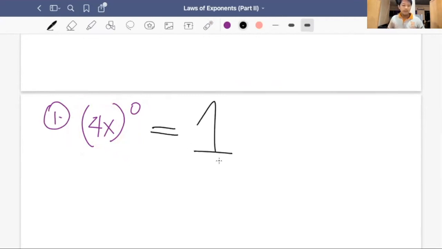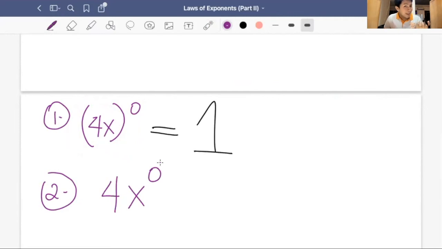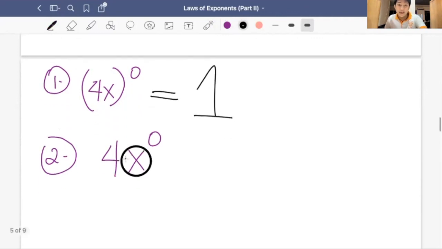All right? Example number 2. What if I have 4x to the 0? In this case, what is our base? Our base is x. Only x, right? So x to the 0 power is equal to 1.